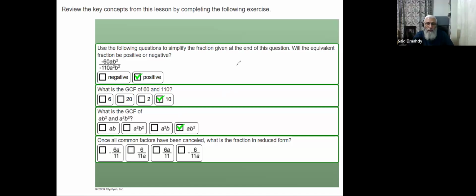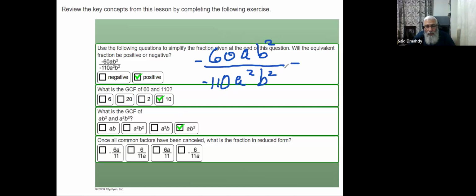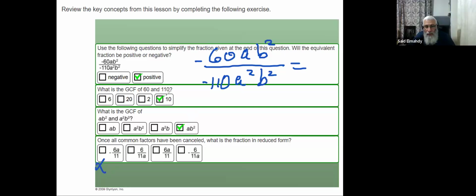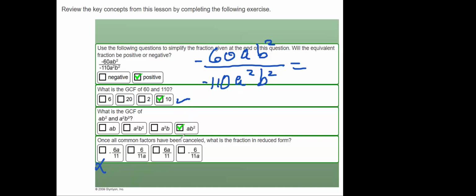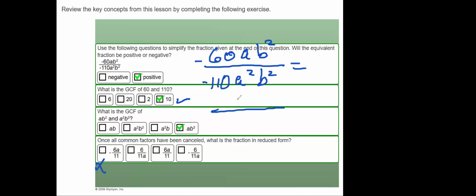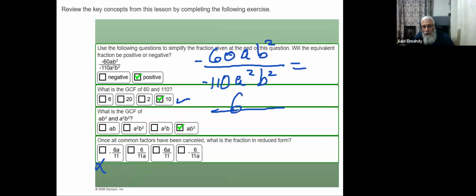You're saying this one, negative 60, A, B power 2, divided by negative 110, A power 2, B power 2. We solved that it will be positive, correct? So negative is not correct. We solved that the common factor between 60 and 110 is 10. So when we divide by 10, 60 will be what? 6. And 110 divided by 10 is?